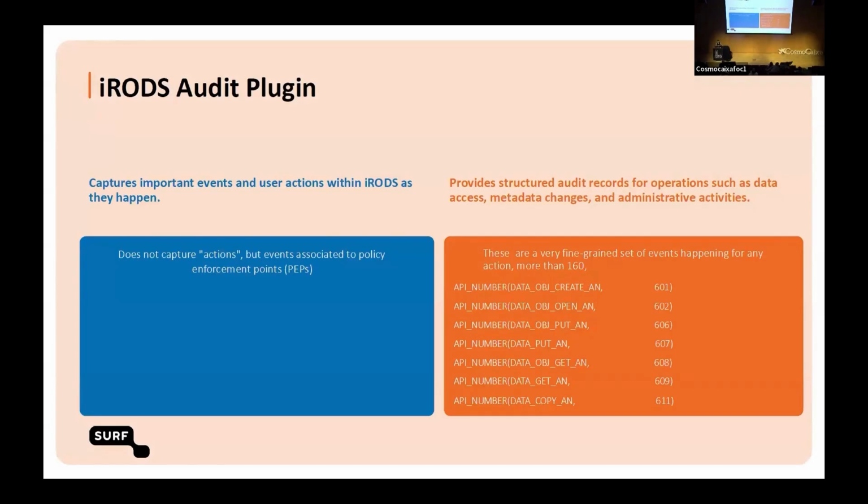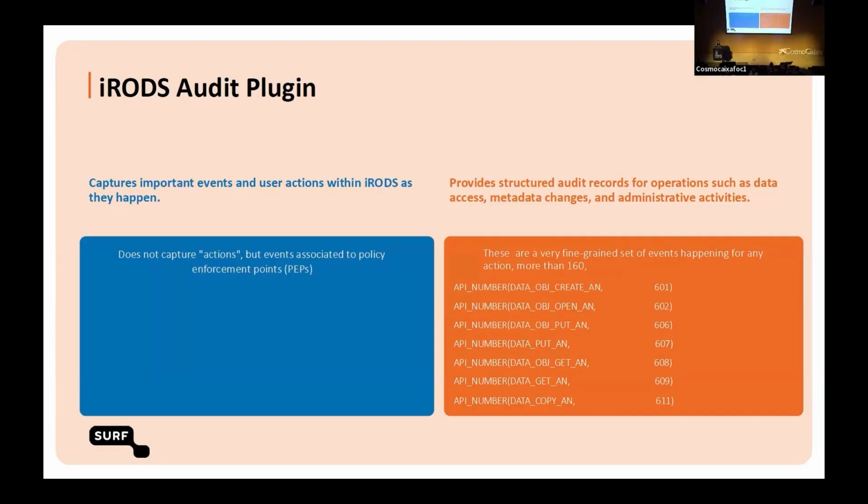We tried to move on to the iRODS audit plugin, and this is the plugin that is going to capture any changes that happen in any PEP API. Obviously, when it is capturing everything in the PEP APIs, it's going to capture all of the actions, but it is not action-based. It's basically PEP-based.